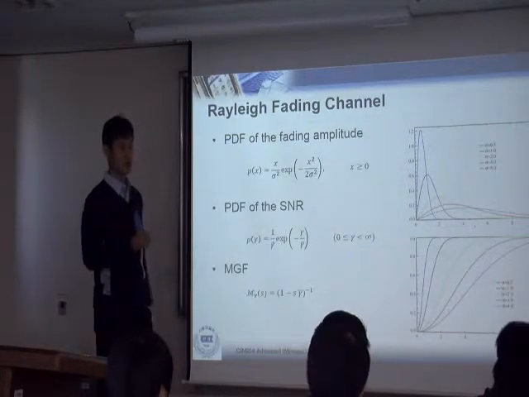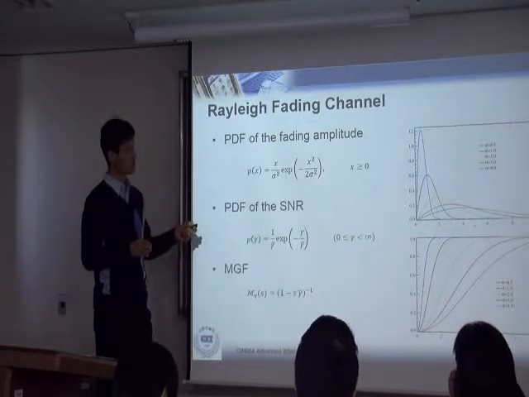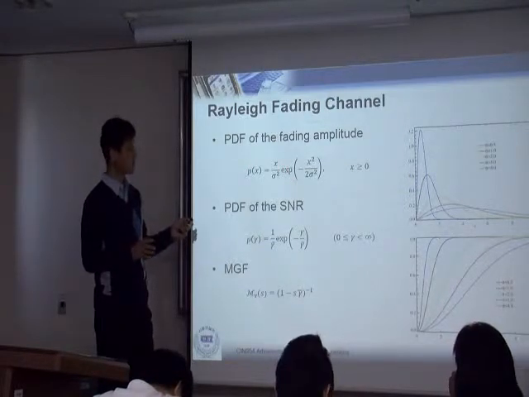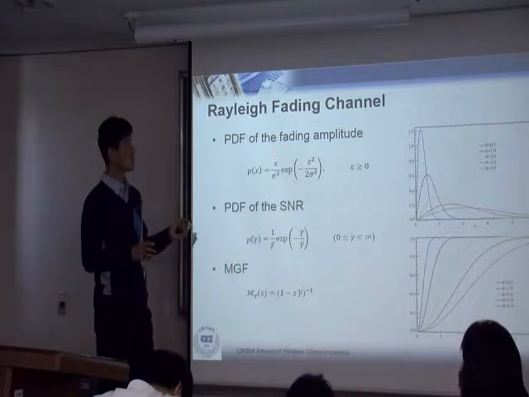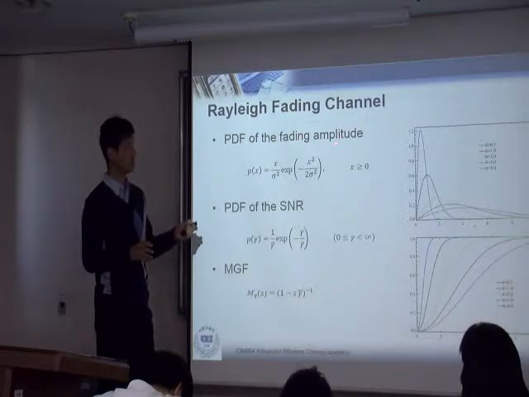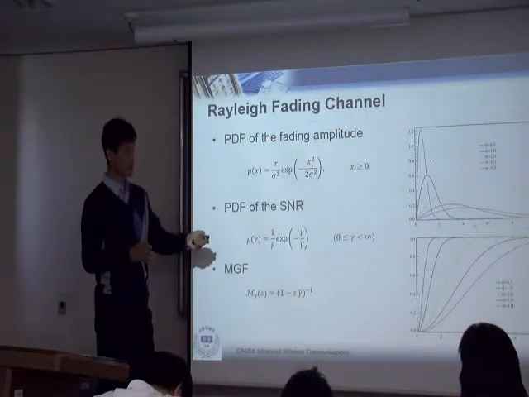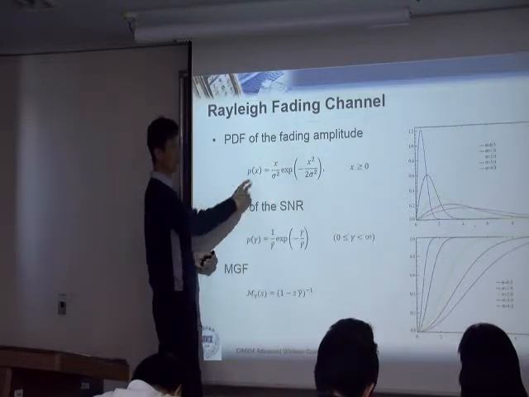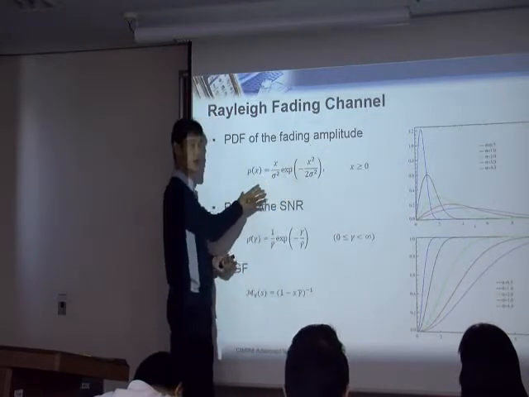Okay? That Wikipedia page basically introduces you to this PDF. In fact, this PDF is the Rayleigh distribution for amplitude. And this is the picture, PDF and CDF. Okay? So this one is the PDF of the amplitude for Rayleigh distribution.